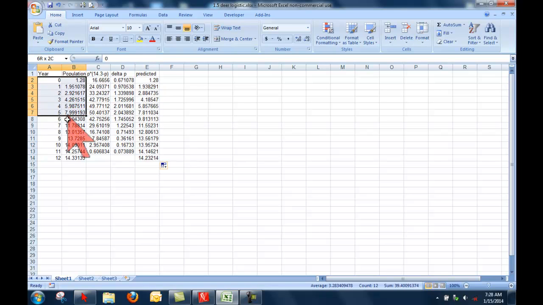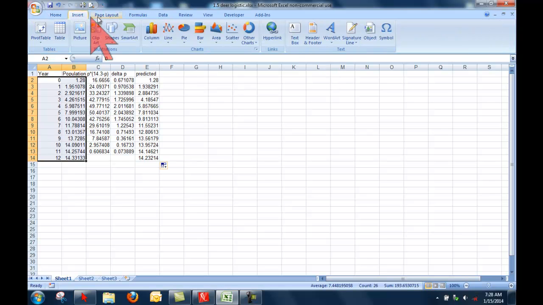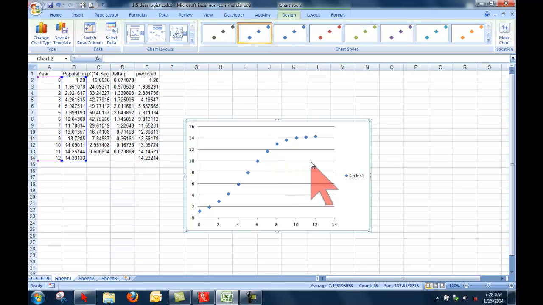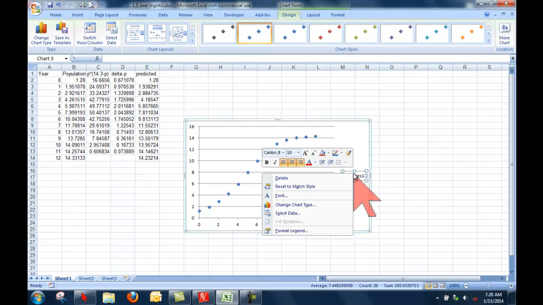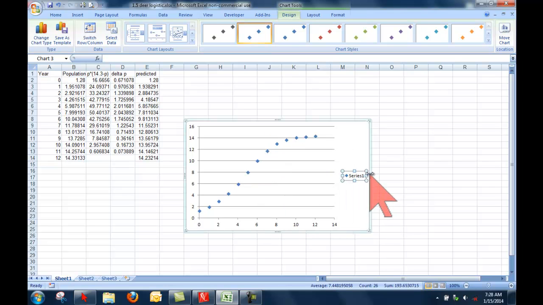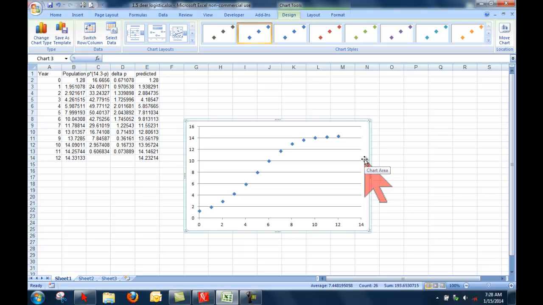So let's go back and generate a scatter plot of these, and this quantity, let's see, that wasn't quite what I wanted to do.